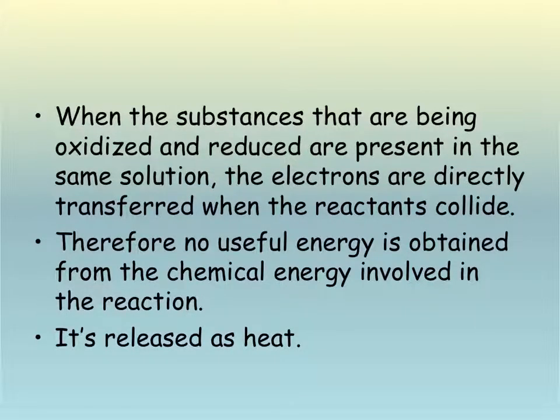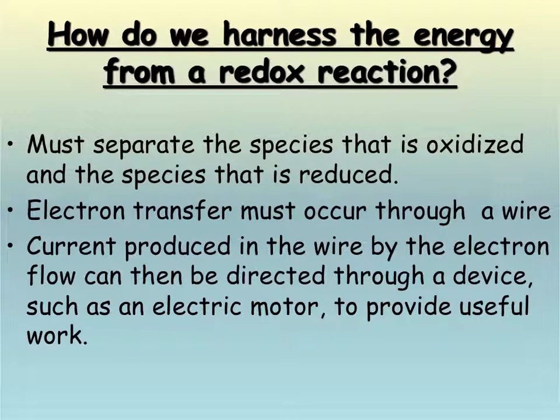Okay, so when substances that are being oxidized and reduced are present in the same solution, the electrons are directly transferred when the reactants collide. Therefore, no useful energy is being obtained from the chemical energy that's involved in the reaction. So all of the energy is being released as heat in the solution. All right, so how do we harness this chemical energy from a redox reaction?